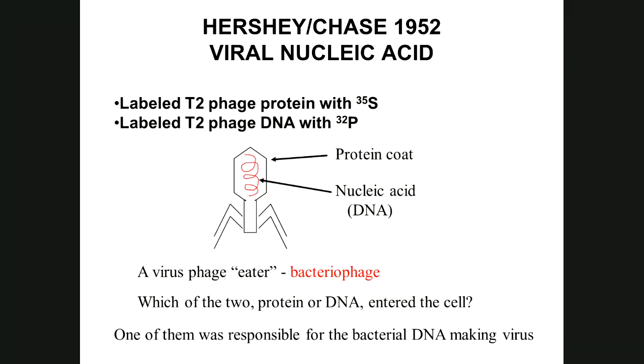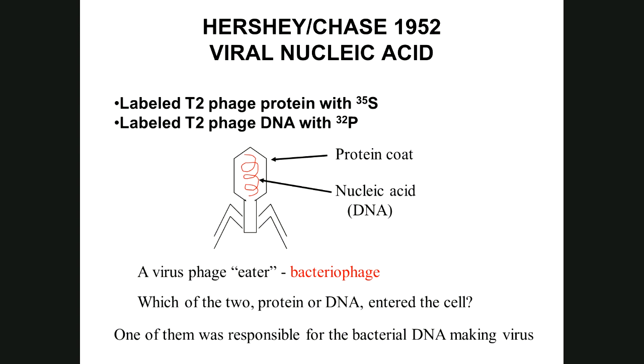Now, Hershey and Chase, since the race was on to determine whether it was proteins or DNA which was the hereditary material, used viruses, which, remember, are not living, but they used viruses because viruses have a protein coat, and inside these viruses they used had nucleic acid, DNA.